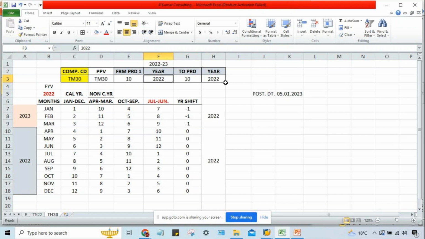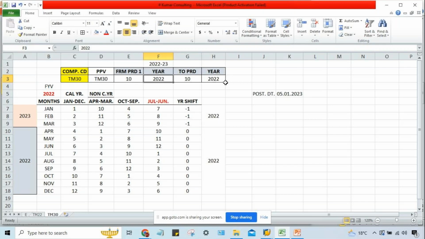What is the use of year shift? You have to say that year shift is defined in a non-calendar year only, and it is going to shift the year.